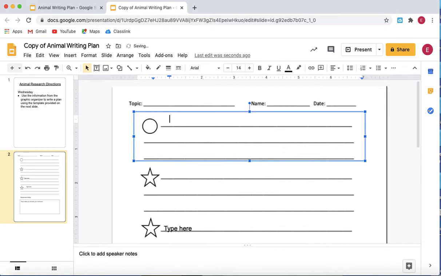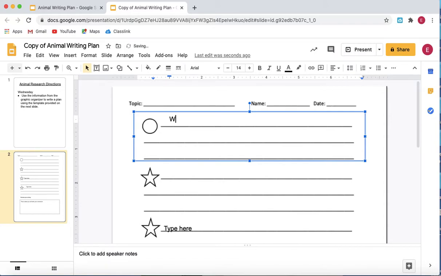So I'm going to start with my topic sentence, and for my topic sentence, I want to write something that is engaging. I want readers to want to read my paper because of my topic sentence. It needs to be interesting, so I'm going to start with the question.